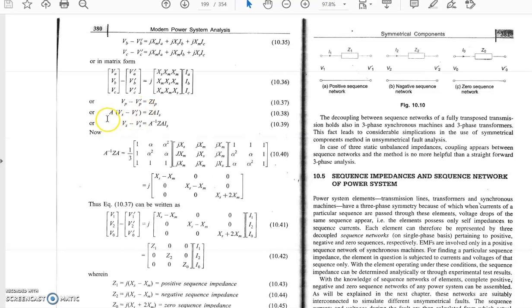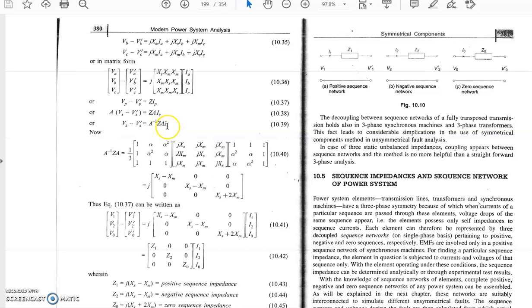So it becomes A into (VS minus VS dash) equals Z into IP, and IP becomes A into IS, so we write Z into A into IS. Further, VS minus VS dash becomes, with A moved to this side, A inverse into Z into A into IS. We cannot simply cancel A with A because this is a matrix. So it becomes A inverse into Z into A into IS.